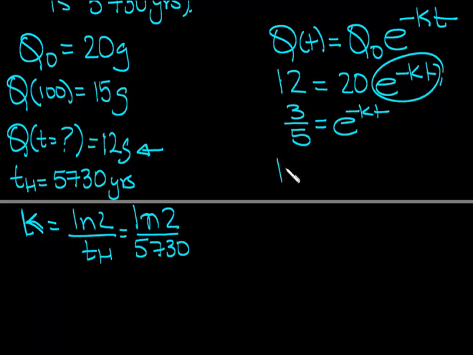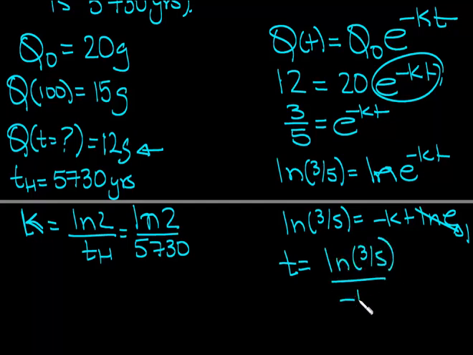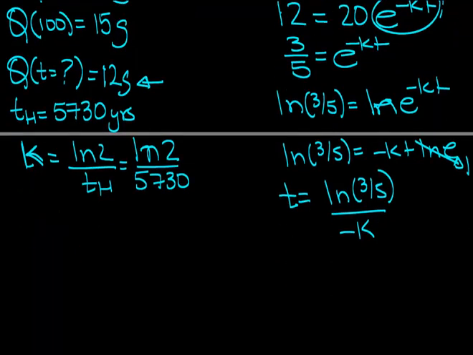You introduce logs on both sides since we want to solve for t. So we get ln of 3/5 is equal to negative kt times ln of e. ln of e is 1 since the base and the number are the same, so t is equal to ln of 3/5 divided by negative k.